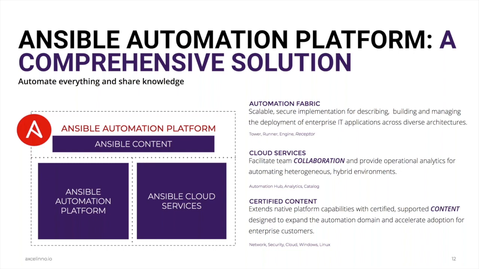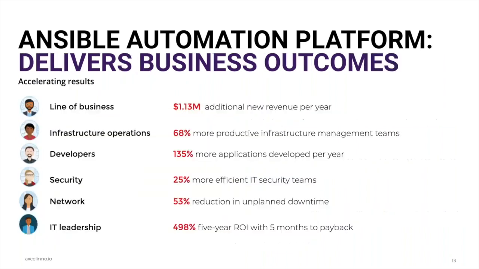So when we combine all of this, what have we seen across customers? When we think of those outcomes, there was a study done by Red Hat across a lot of different customers, and you can see as we break this down across the different audiences, there's an increase in revenue.